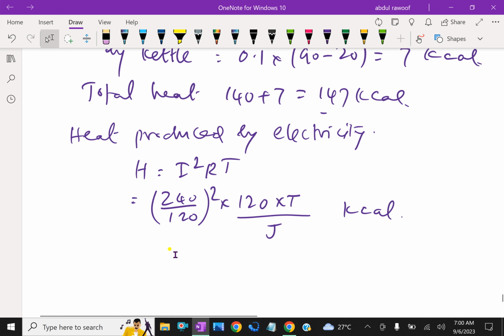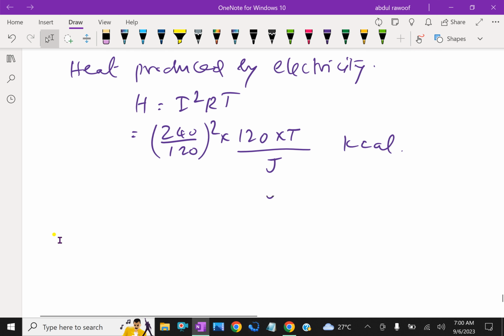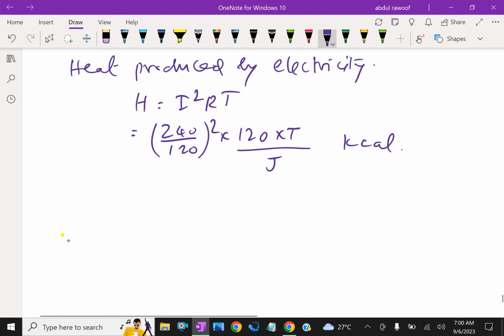Now equating both, the total heat taken by the water and the total heat produced by electricity. So we have to equate, because the efficiency is 85%, that is 0.85.